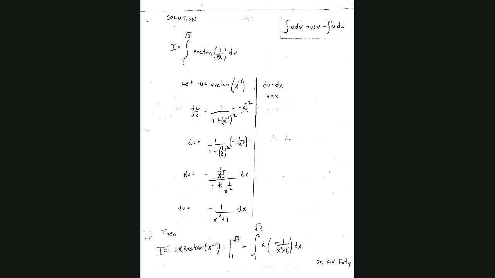Okay, so in our solution, we're going to let u equal the arctangent of 1 over x. 1 over x is x to the negative first, and dv will equal dx. So we have our integral of u dv.